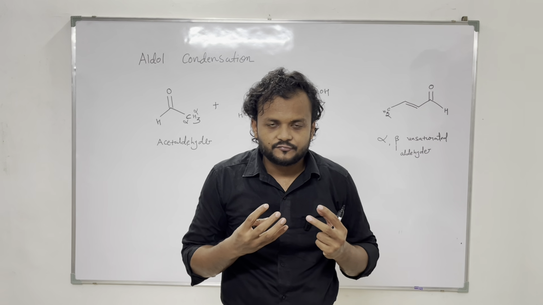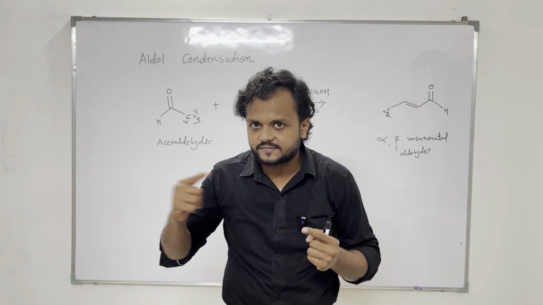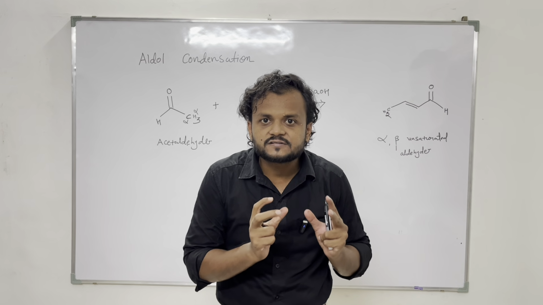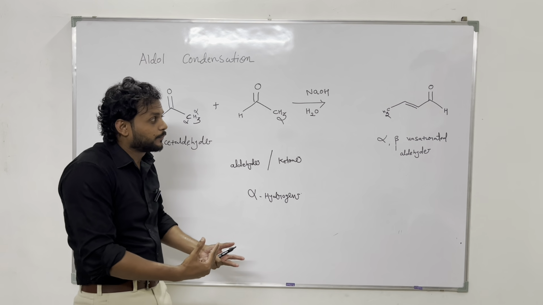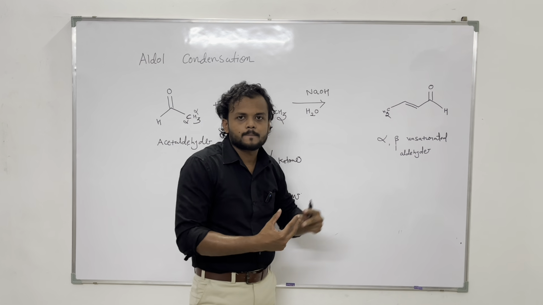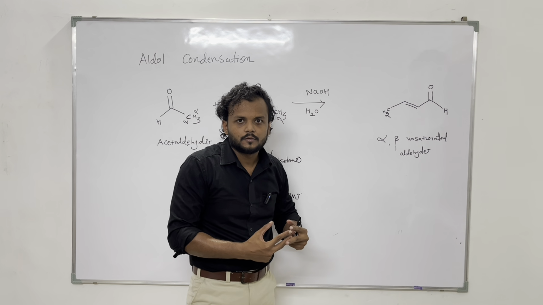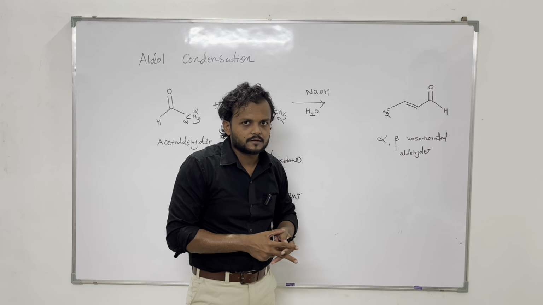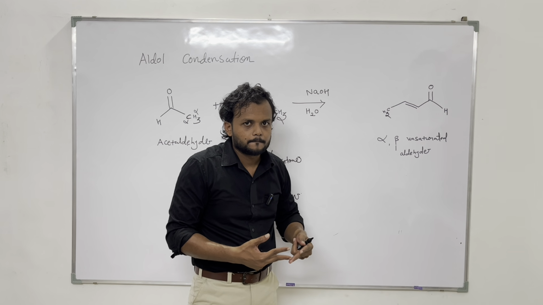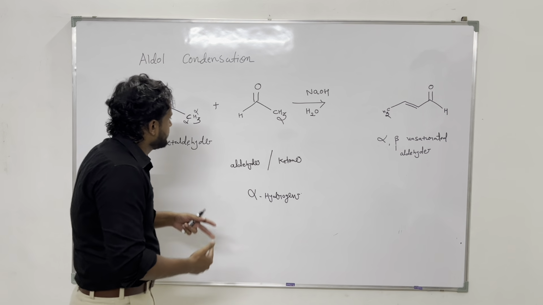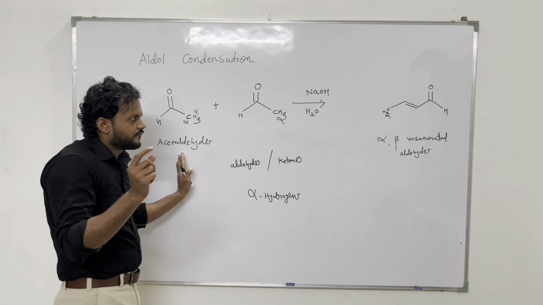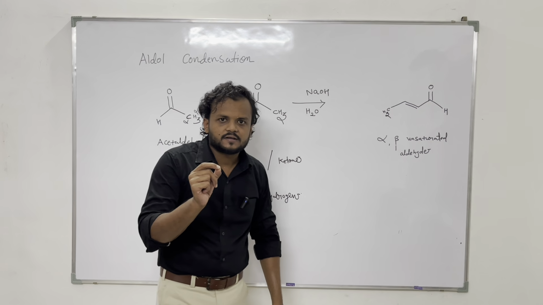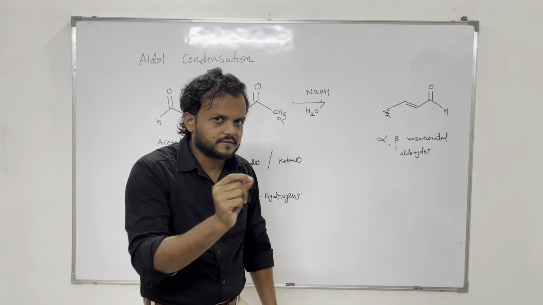That concept we are going to use as our strategy to produce this kind of compound. What strategy? How? First of all, we'll see why alpha hydrogens are acidic in nature.